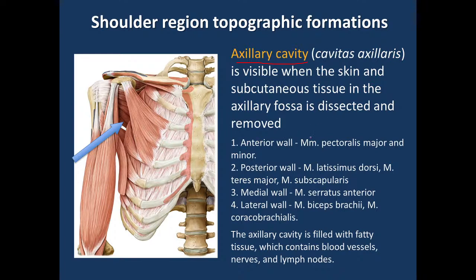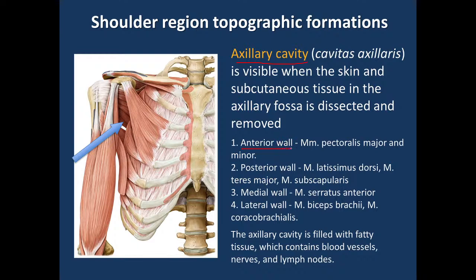This is a space located between different groups of muscles, the chest muscles and the upper girdle of muscles, and it contains a lot of nerves and vessels. As a topographical formation, the axillary cavity has four walls.